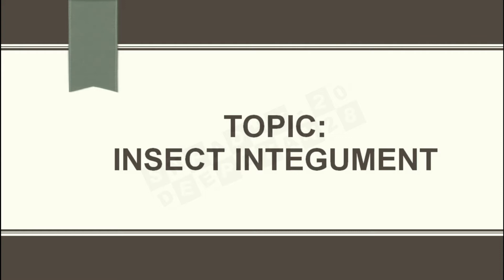Apart from that, what is chitin, what is the chemical composition, who gave the term, and what are the different proteins. Not the moltings, not the outgrowth, not the invagination, only the insect integument part we will discuss in this video.